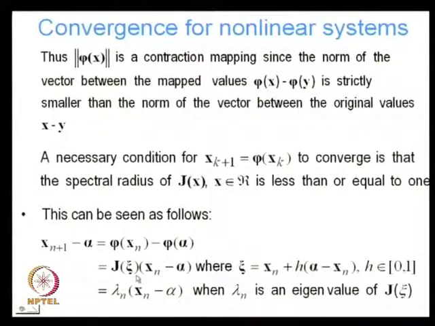Again let us use our mean value theorem, and we can write J of xi times x n minus alpha, where xi is equal to x n plus h times alpha minus x n, h belongs to 0 and 1, and this I can write as lambda n times x n minus alpha, where lambda n is an eigenvalue of J xi. This is just the standard statement of the eigenvalue problem. This is the matrix, that is my eigenvector, and that is my eigenvalue.